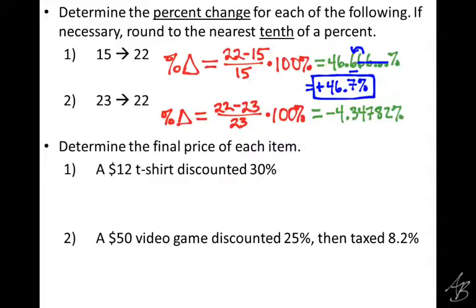Okay, and should we leave our answer like that? No. Remember, it says round to the nearest tenth of a percent, so we're going to round that 3 and get rid of everything after it. And when I get rid of the 4, it's going to tell me to do what to the 3? Keep it the same. So we end up with negative 4.3%.